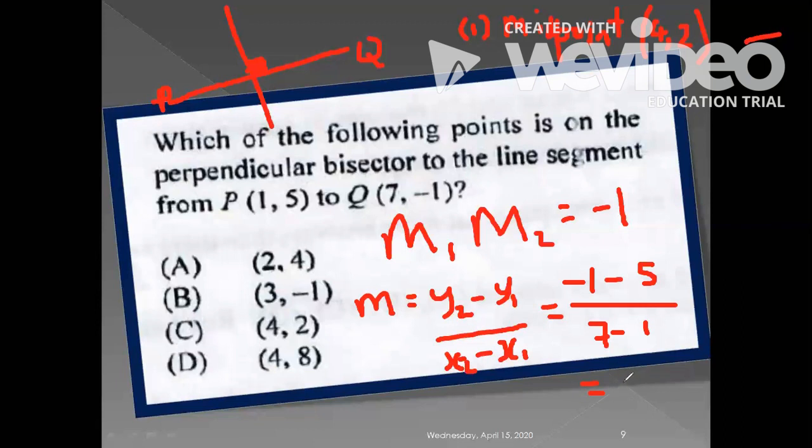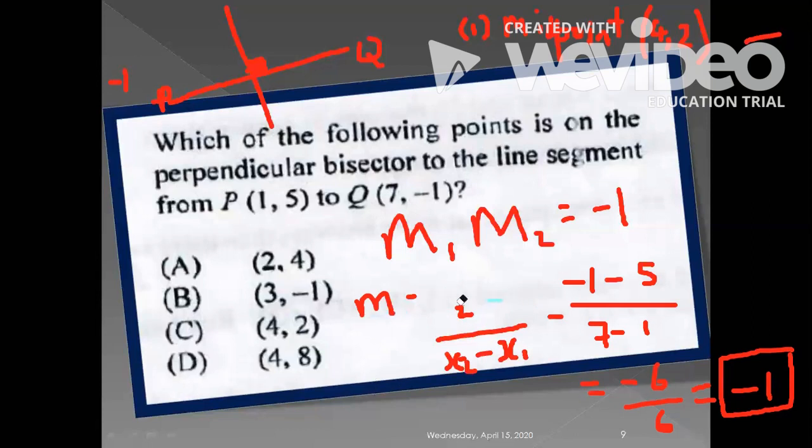So the numerator would have been -6, and the denominator 6, and that's going to give you -1. So the gradient of PQ is -1.